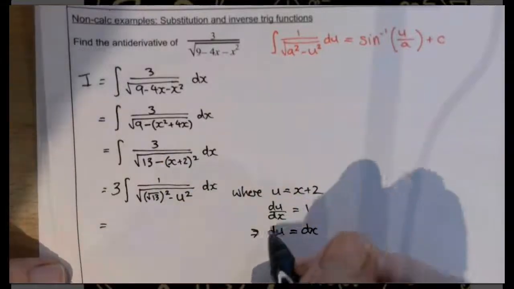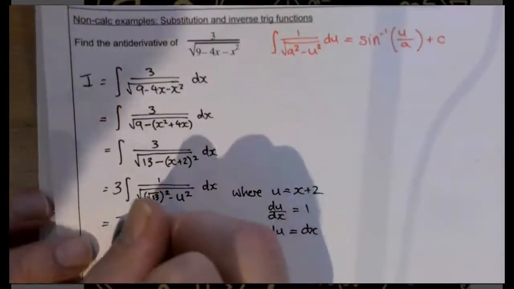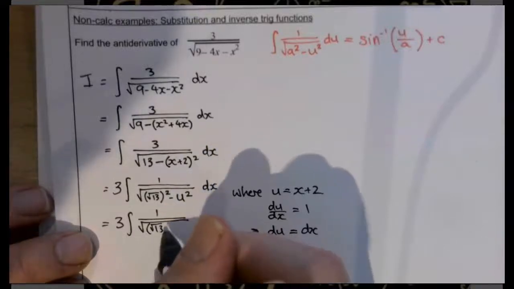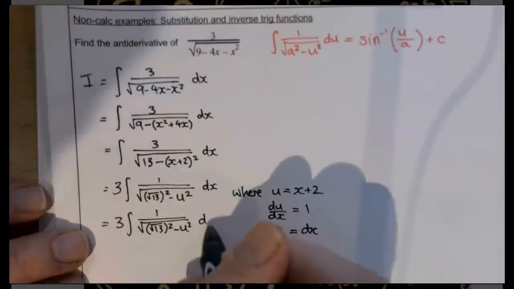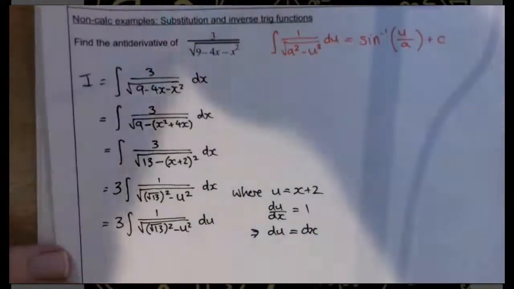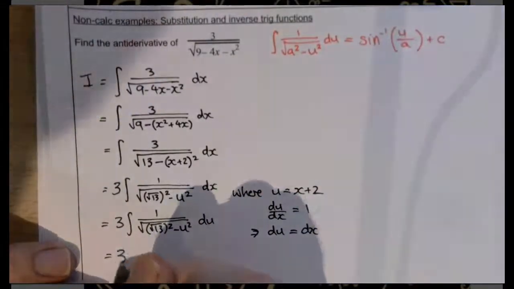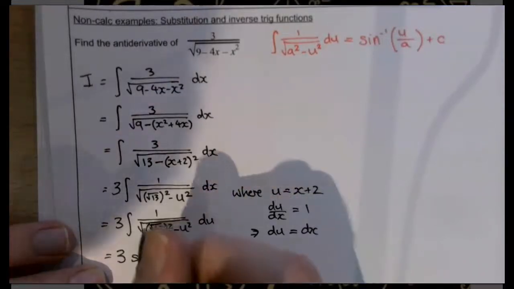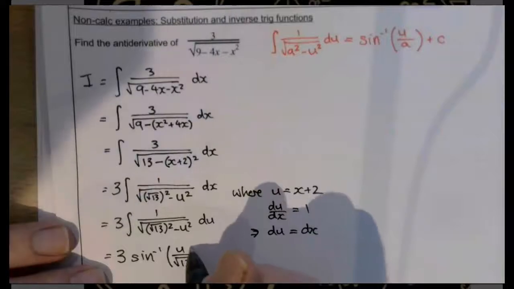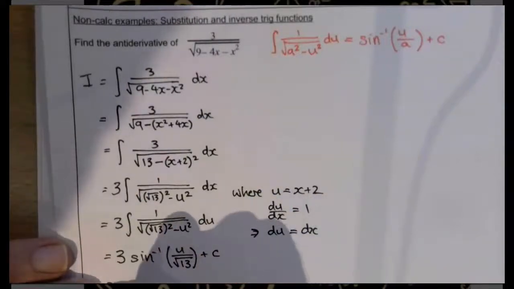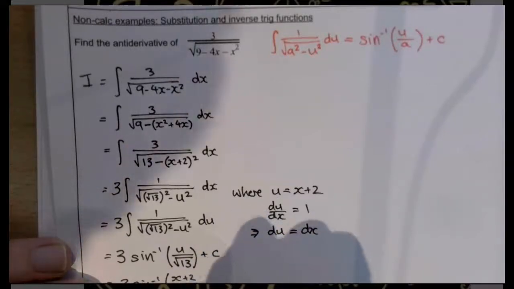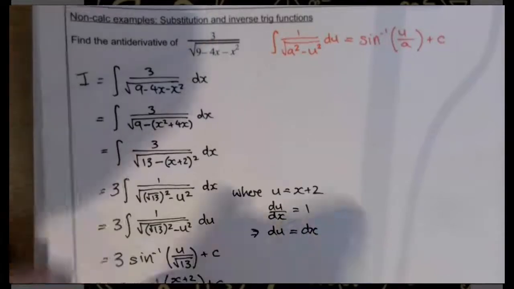So I can change the variable of my integration to root 13 squared minus u squared du, which means I can integrate it to give me sine inverse of u over a, which is root 13, plus c, and then because that was a dummy variable, I substitute back in for x plus 2 over root 13 plus c.